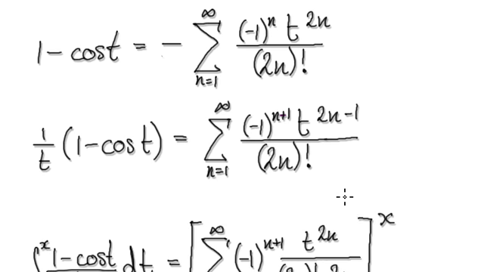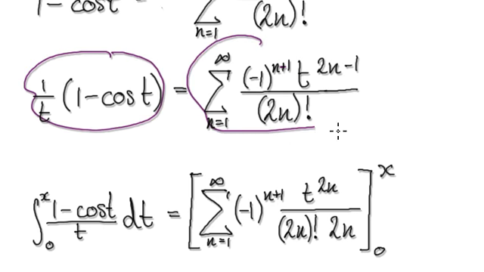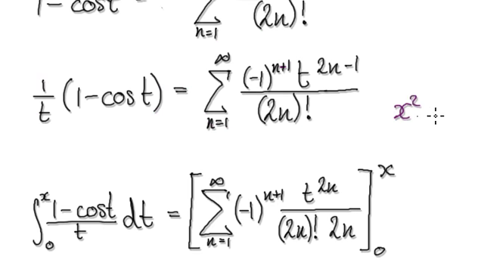Now, let me think. We don't know how to integrate this, but we can integrate the whole series. Integrating this: if you integrate x squared, it would be a third x to the power of 3.